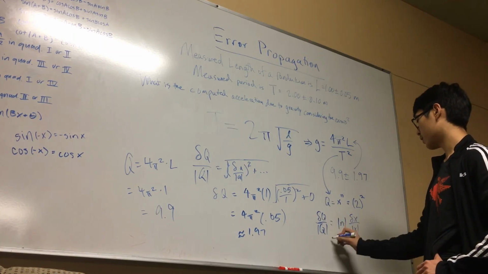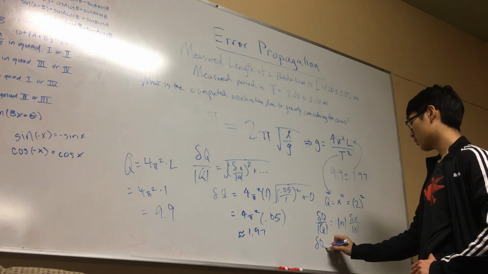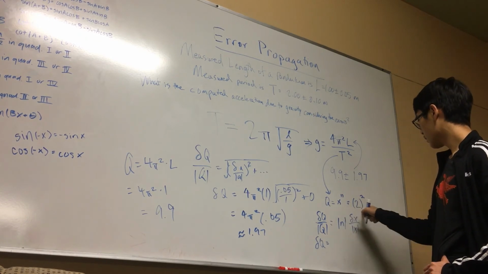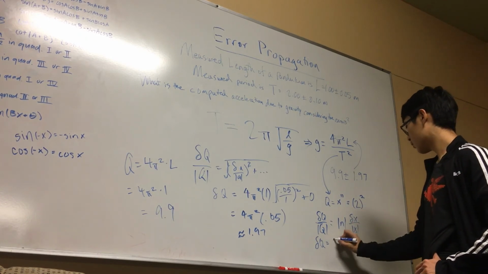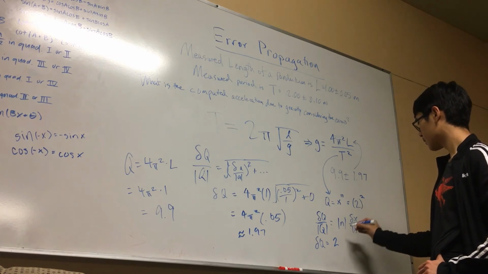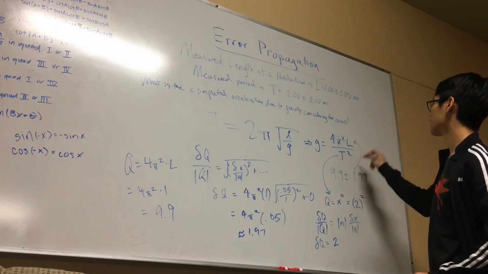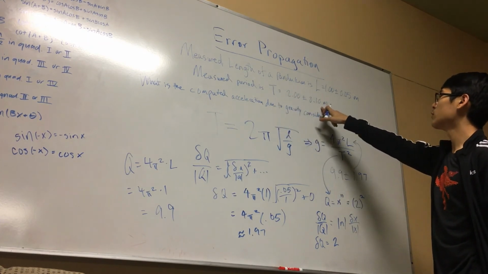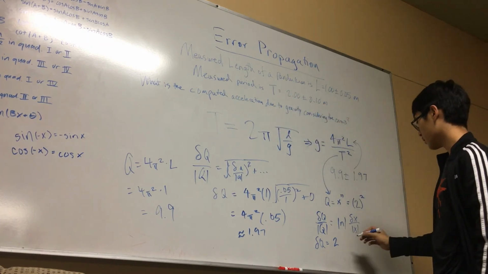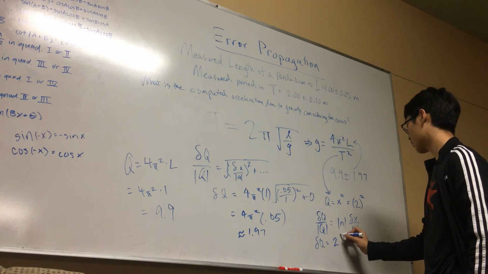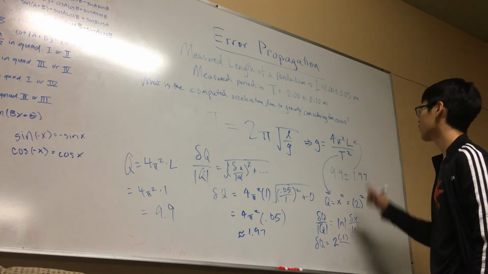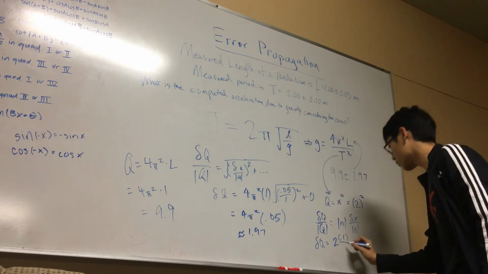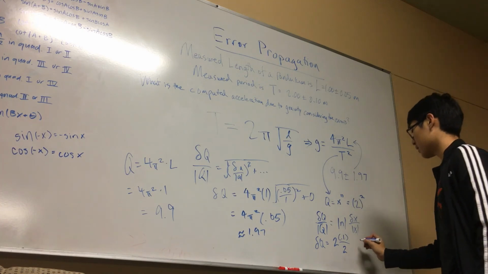We would have the error in q is equal to 2 times the error in x, where x is the period measurement, so the error is going to be 0.1, divided by the value of x, which is going to be 0.2.